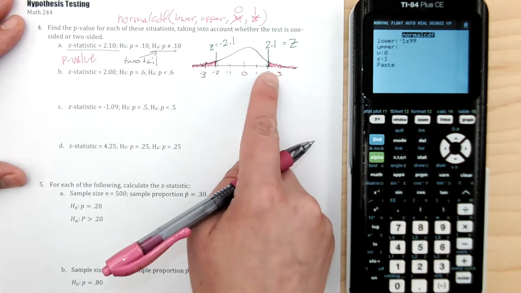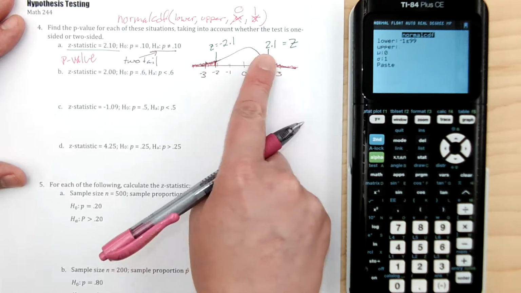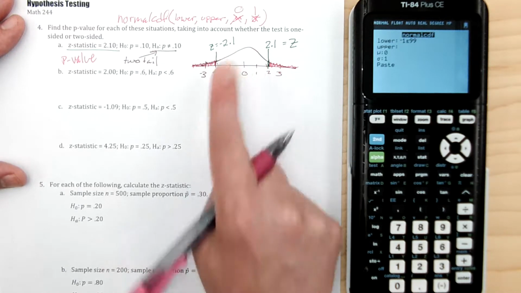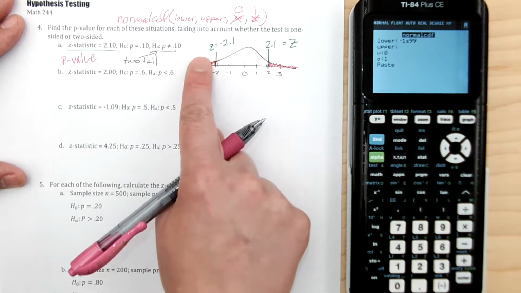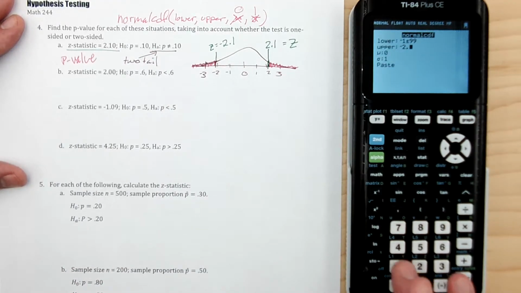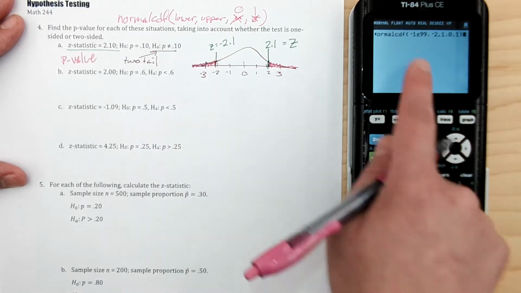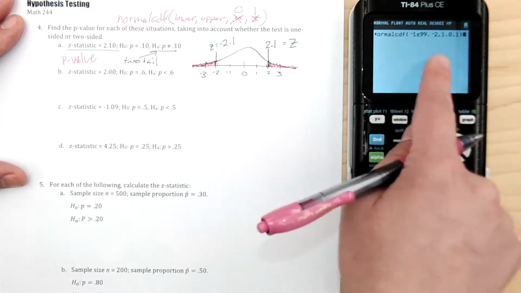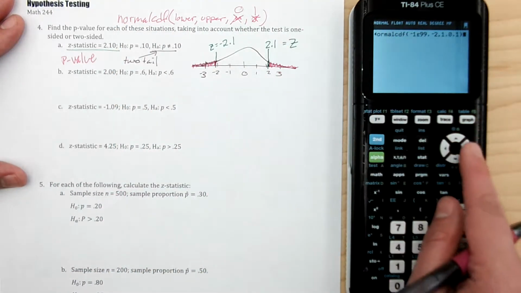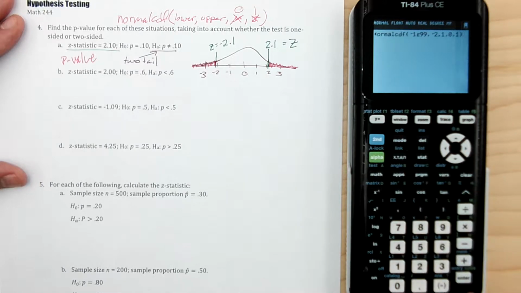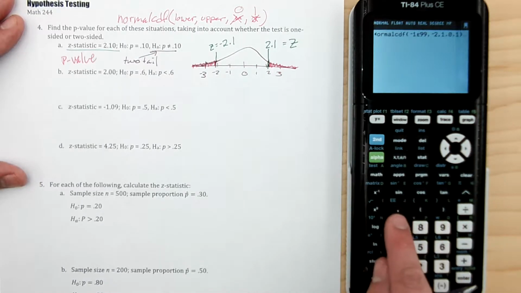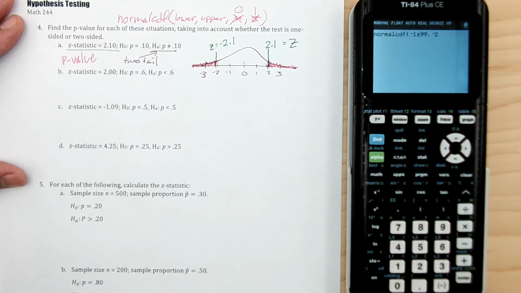Now upper, if I just went to 2.1, well, that wouldn't work because I don't want any of this whited out area. I just want this area. So I'm going to go to -2.1, and I'm going to stay on the standard normal curve. So for those of you that have this, you're going to see this is what it looks like. And I will just hit, and the comma button is right here by the E's. We'll hit enter.